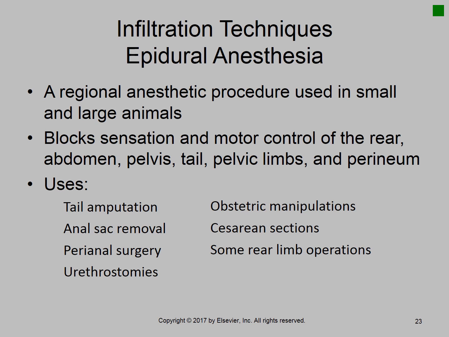Epidurals are commonly used in human beings for a variety of procedures, most commonly associated with childbirth. And in our profession, they can be used for tail amputations, anal sac surgeries or removals, perianal surgeries, urethrostomies, obstetric manipulations, cesarean sections, and some rear limb operations. But cesareans are probably going to be by far number one.